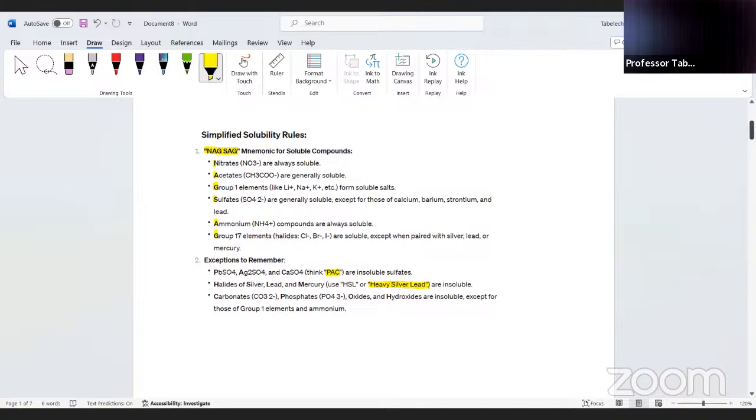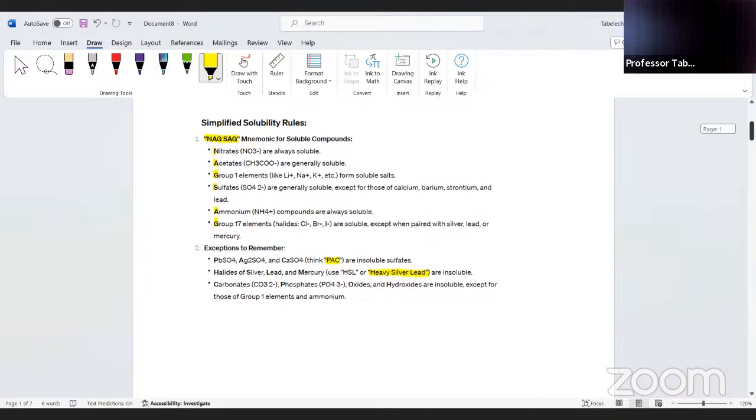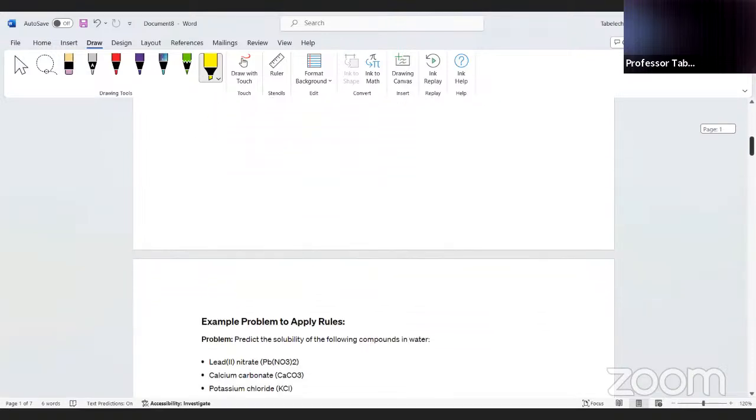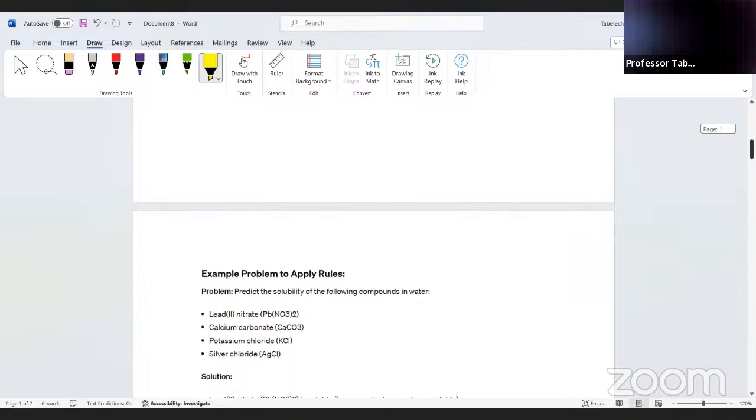So is lead 2 nitrate soluble or insoluble? I see Shohak said soluble. What we're going to do is put the answers beside it before I reveal all of them, because the answers are going to pop up for everything. Anybody else agree or disagree? So I'm going to put an S for soluble for that one, and we're going to check our answers momentarily. Let's take a look at the next one.